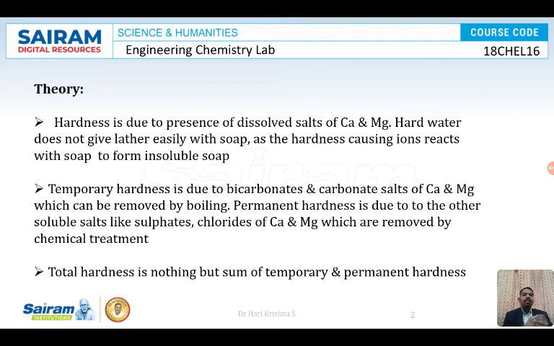For example, if you are boiling water in a container daily, the salts will be deposited at the bottom and the sides of the container, right? That is hardness. The bicarbonate salts of calcium and magnesium will be removed. How to remove the permanent hardness? It can be removed by passing the water through ion exchange resins, by treating with resins.